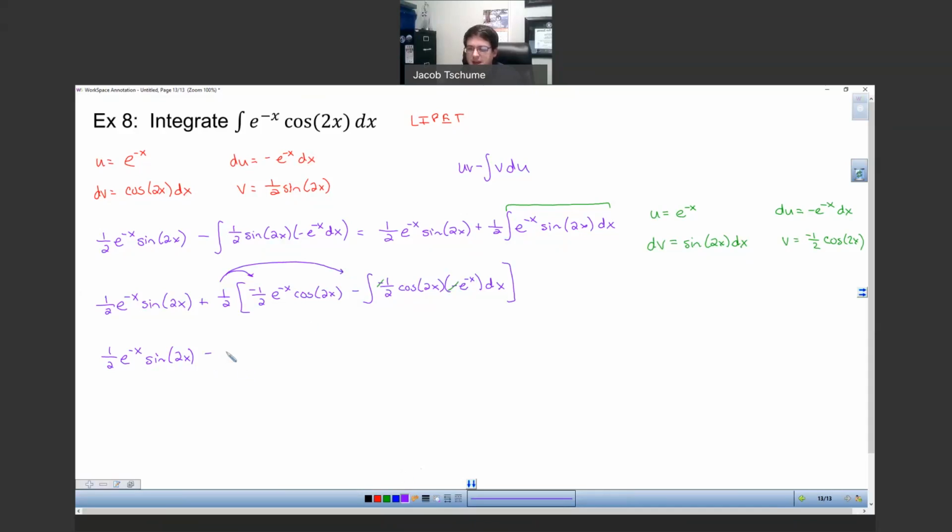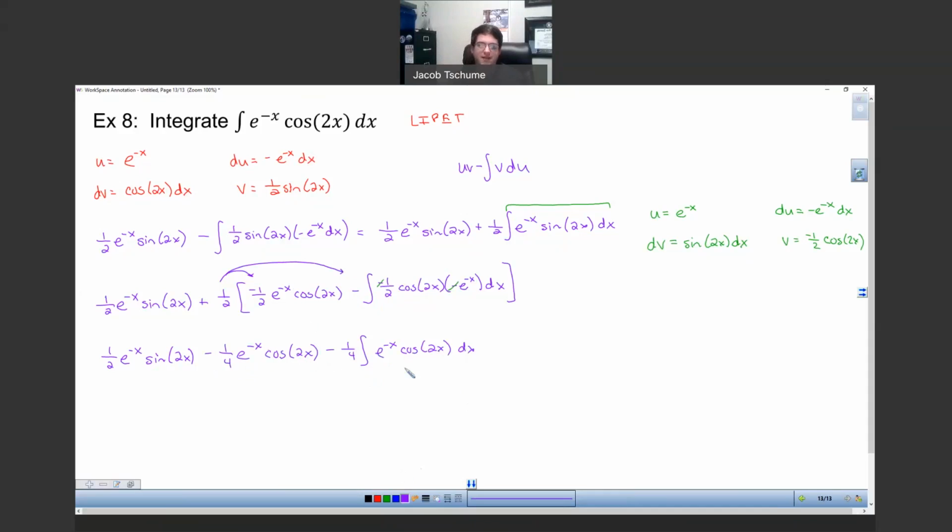So it would make it a minus 1/4 e to the negative x cosine of 2x. And then you would have a minus 1/4 in front of the integral. So when you factor the 1/2 out and you multiply it by another half, and then inside your integral here is where the fun starts.